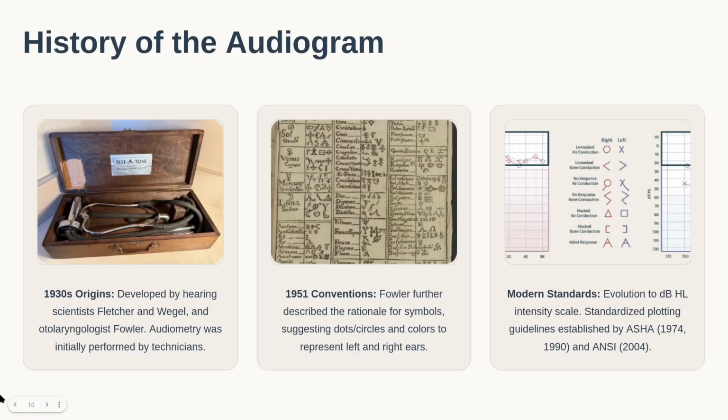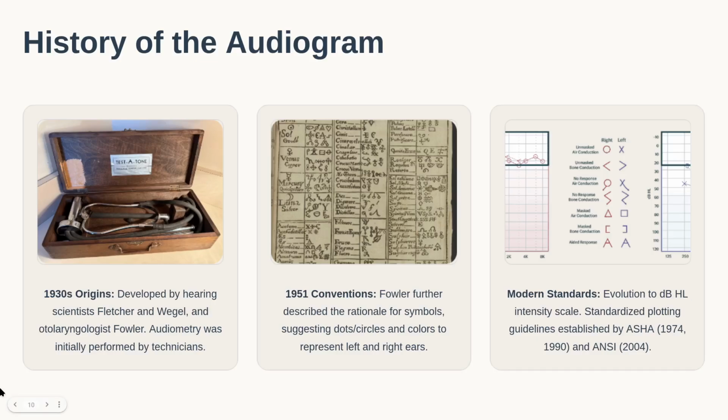He originally argued for using L for lemon or lead, so basically a yellow or a gray color, but accepted blue later on. There were other conventions that he tried to adopt that didn't take off, like using a circle or a circle with a dot in it, the circle representing the right ear, and then I believe the dot representing the right ear and the circle representing the left ear, which never took off.